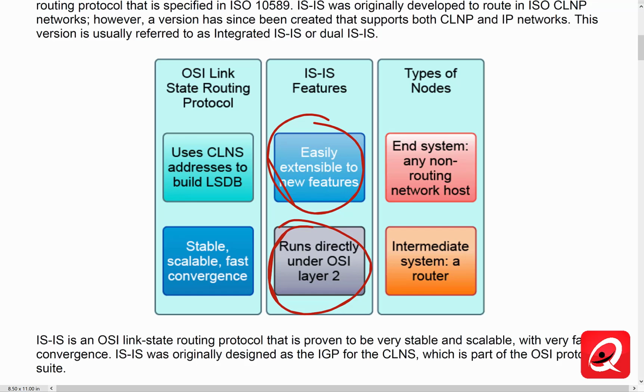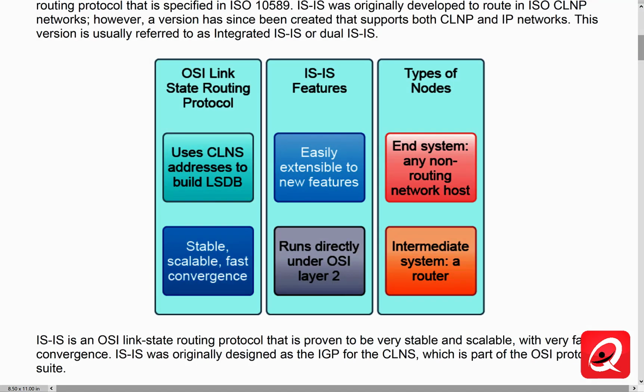EIGRP is protocol 88, OSPF is protocol 89, but RIP operates as an application over UDP, and BGP operates as an application over TCP, and ISIS operates at the data link layer level. So in reality, we only have 2 routing protocols that function directly as a traditional kind of layer 3 protocol.